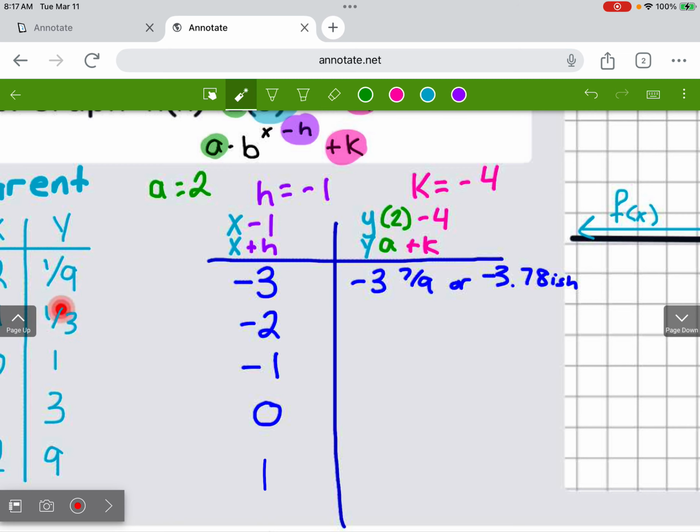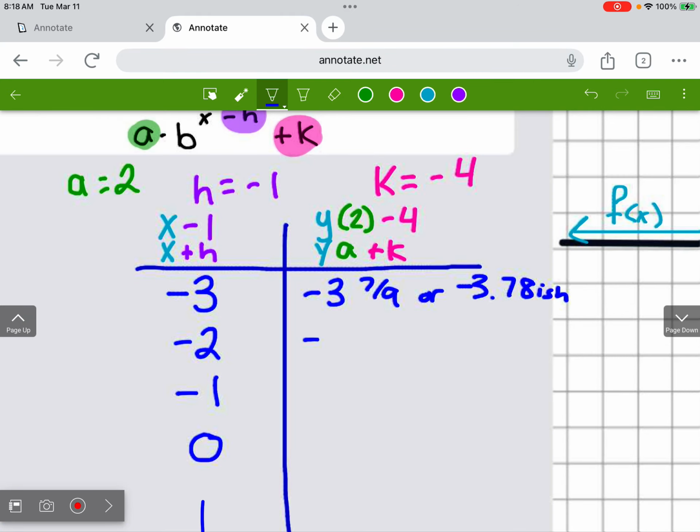Same vibe going down. So we're going to take our 1/3 times 2. That'll give me 2/3. And then -4, and we'll get -3 1/3, or -3.3-ish.